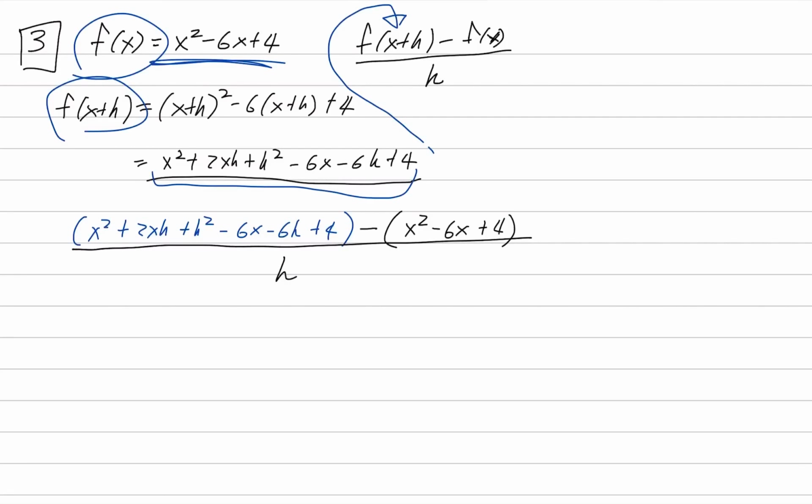So here we have to distribute a negative sign. So let me actually just rewrite it there. I'm going to erase it and rewrite it. So distribute the negative sign, then I get minus x squared plus 6x minus 4.